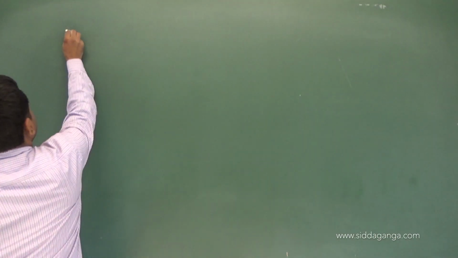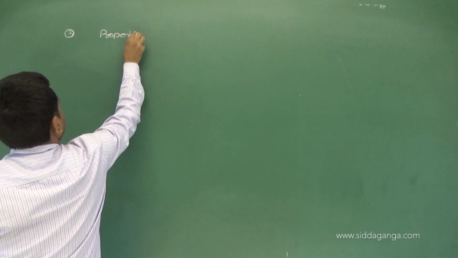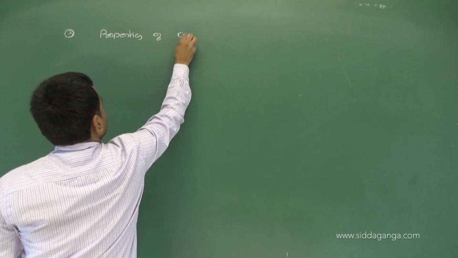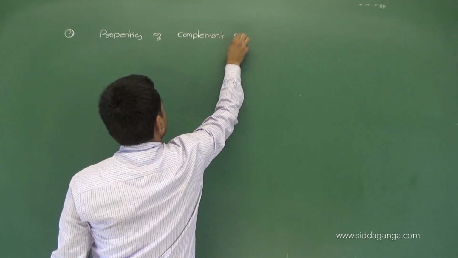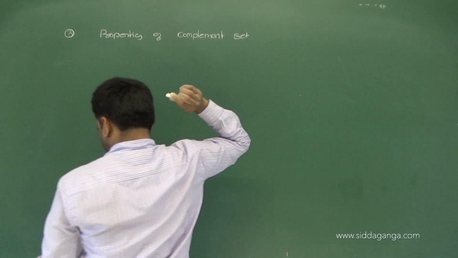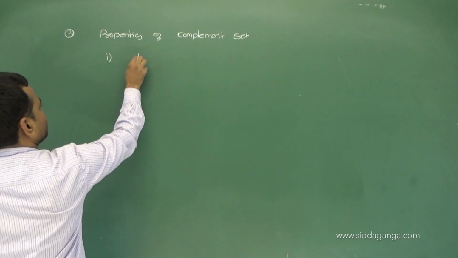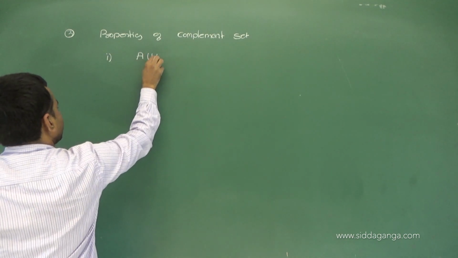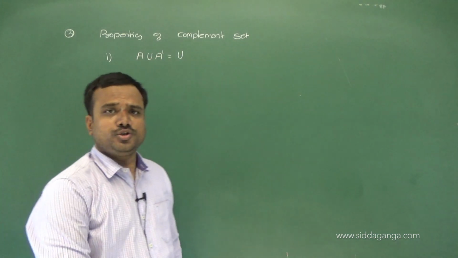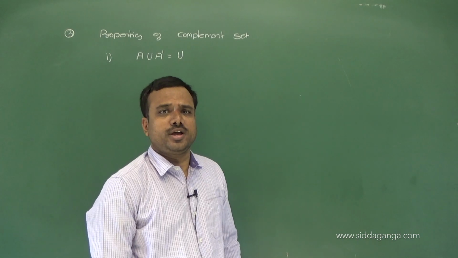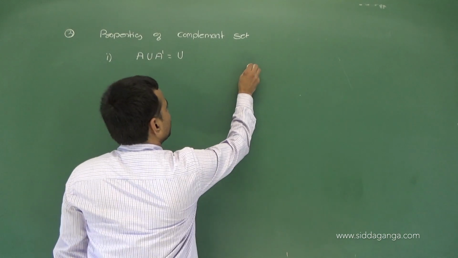So next, third one, properties of complement set. First property: A union A dash is equal to U. See that, one example I write.